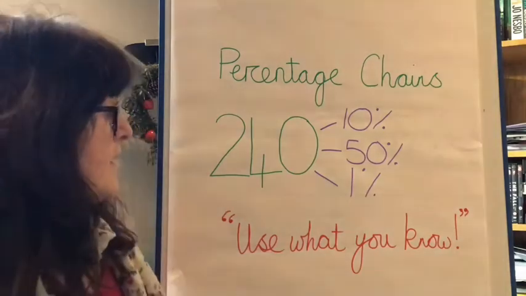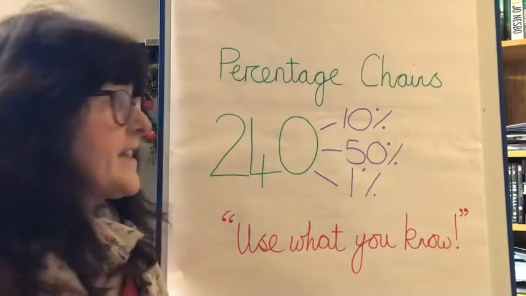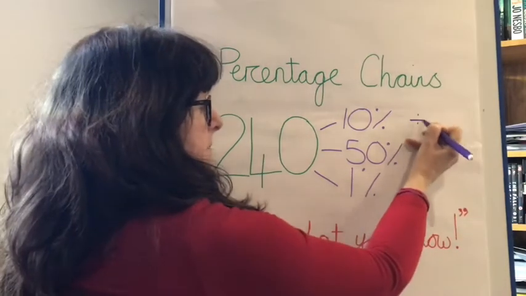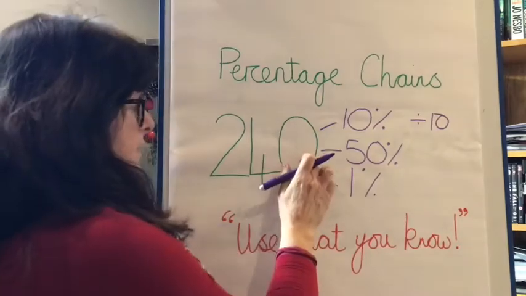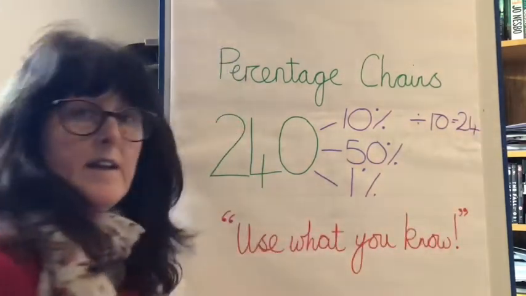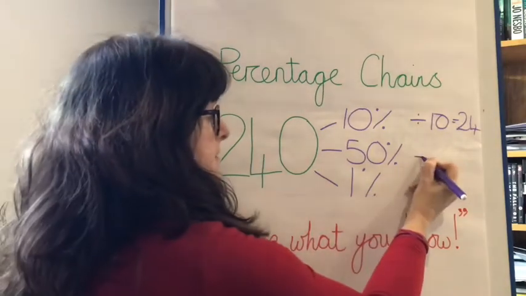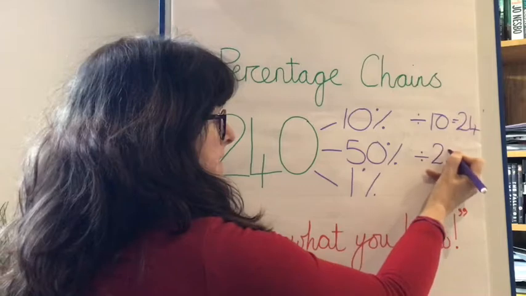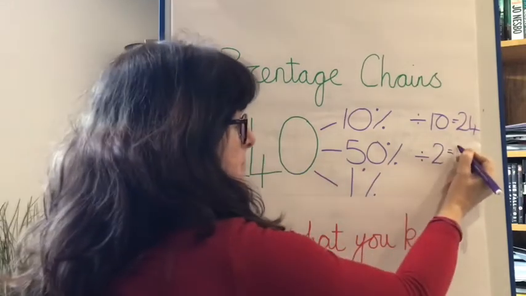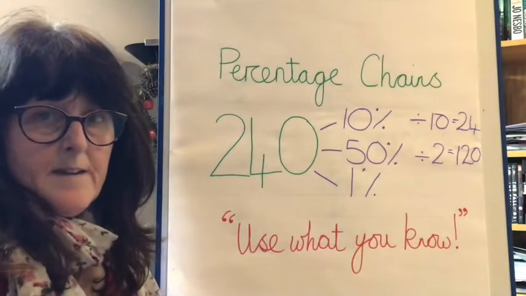So, to find 10%, you simply divide by 10. Divide by 10, so that would equal 24. To find 50%, you simply halve it or divide by 2. So for this case here, that would be 120.